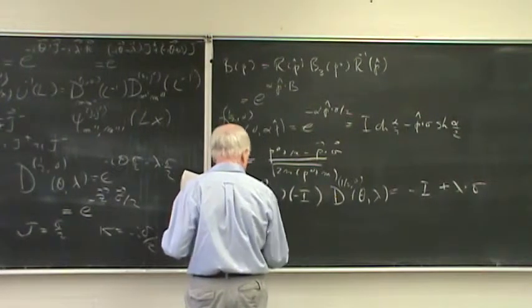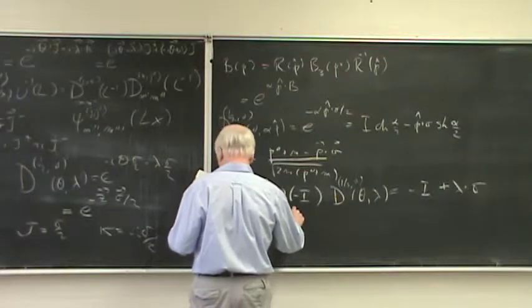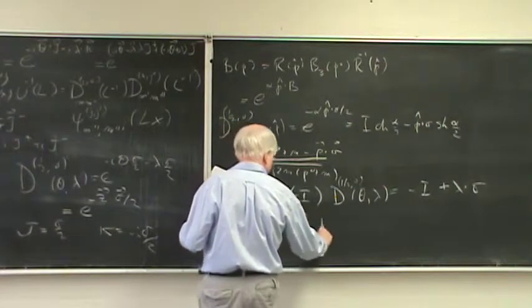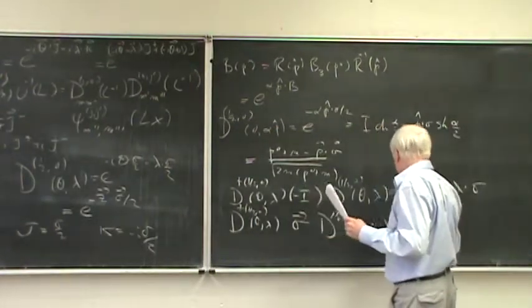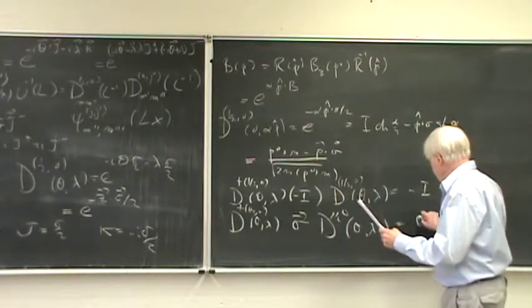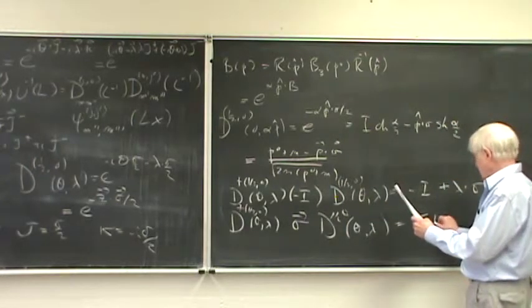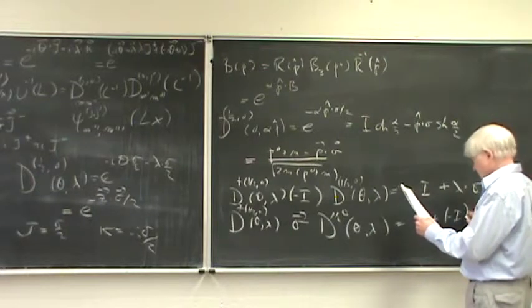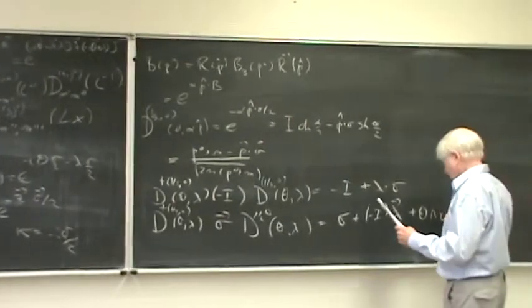I should have written this in a 4-vector notation. These are infinitesimal theta and lambda. So this is sigma plus minus i times lambda plus theta dot sigma.